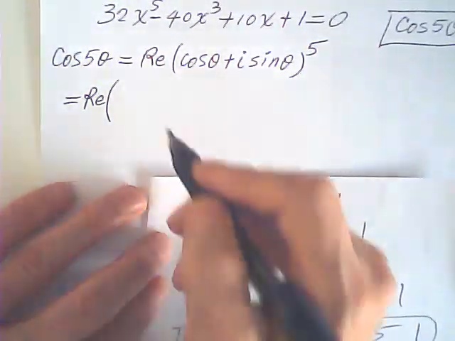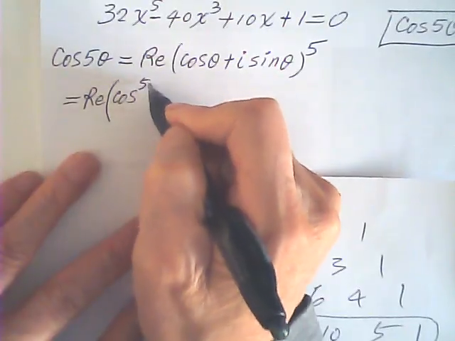The first term is cosine to the 5th power.